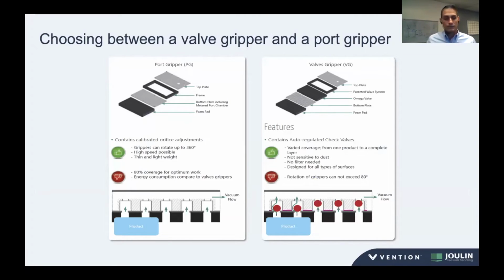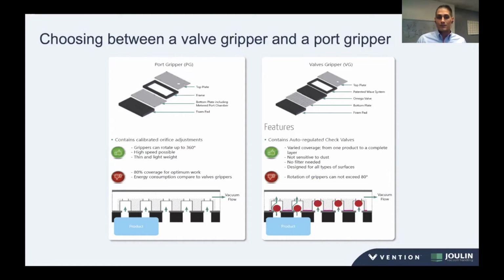The main difference is a port gripper is going to be a metered port style system that's going to have a bunch of holes in the gripper essentially. And essentially what that means is it's going to enable you to pull vacuum on the product. One of the benefits to having a port gripper is that you can rotate the gripper 360 degrees all the way around without having to worry about losing the product or losing vacuum.